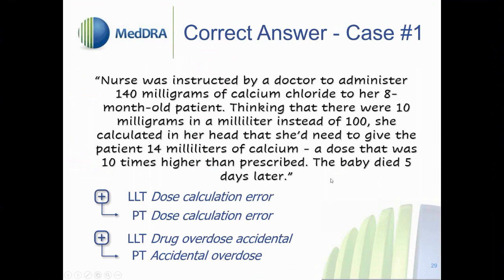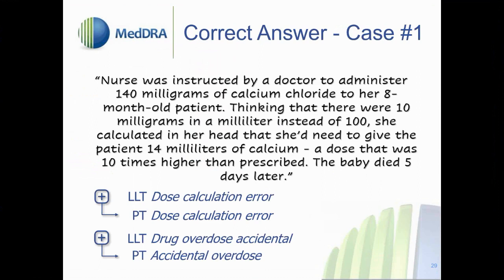We know that the baby died 5 days later. And yesterday and also today, several of you have also voted to code to death. Yes. You don't have to code the death of a patient if a reason for the death is reported.